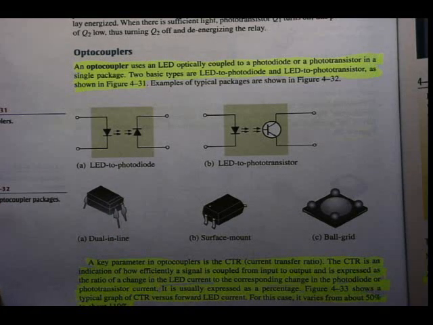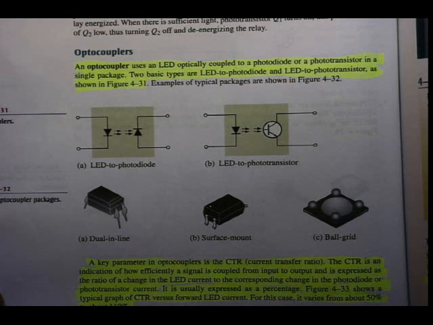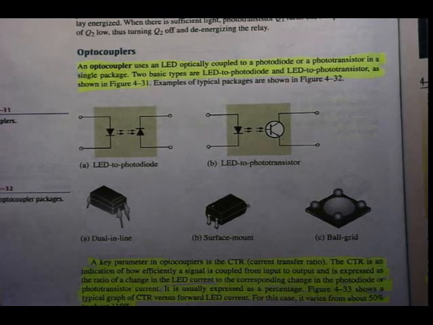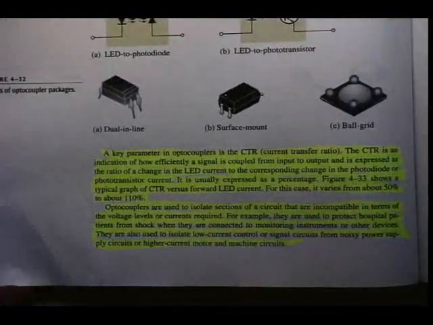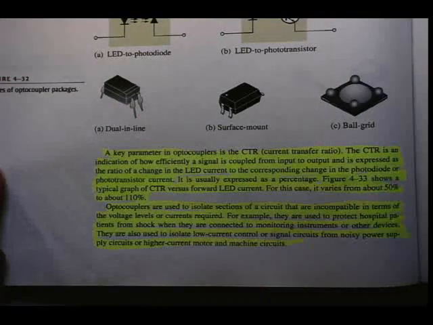Some examples are optocoupler packages there in figure 4-32, A, B, and C there, dual inline, surface mount, ball grid, and so forth. What you should mark, however, is at the bottom of the page there just below figure 4-32, a key parameter in optocouplers is the CTR. That stands for current transfer ratio.